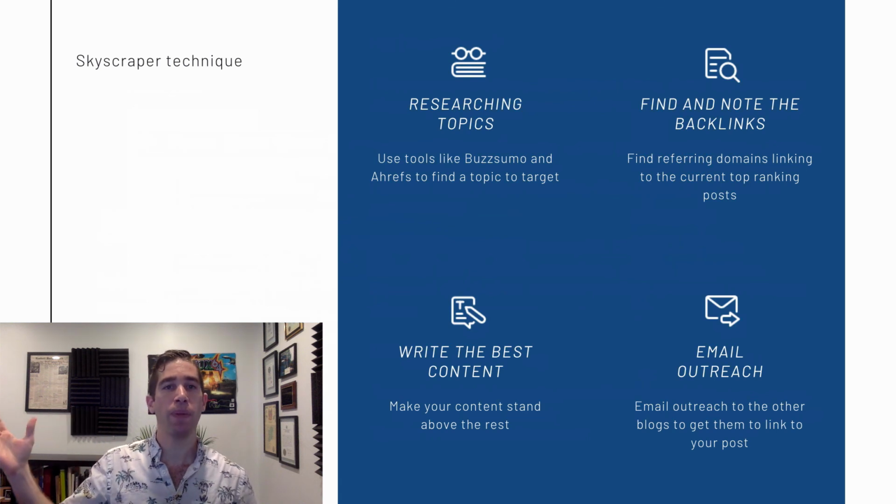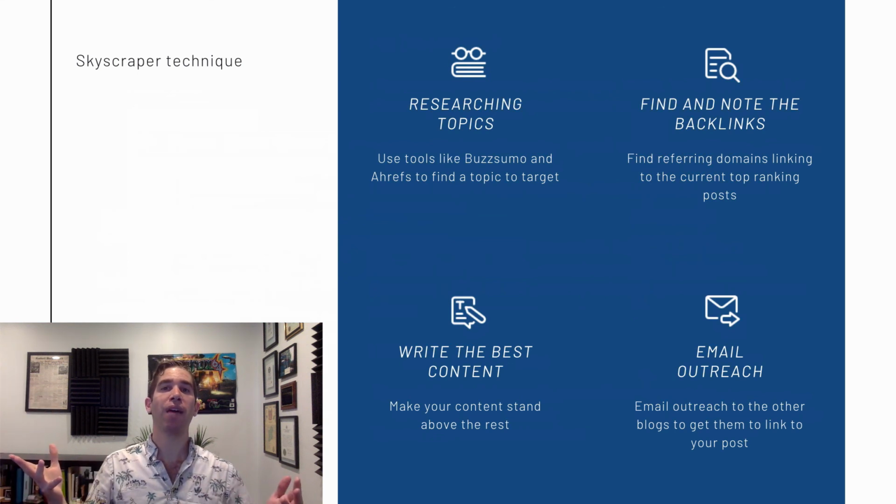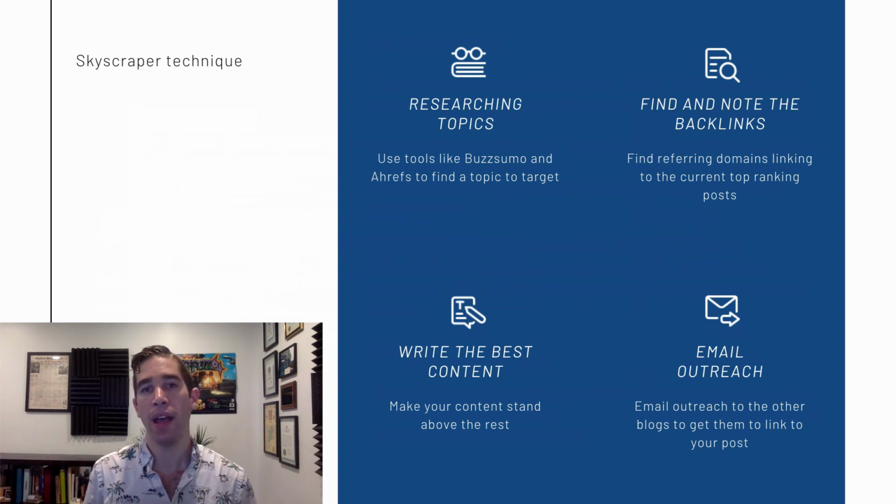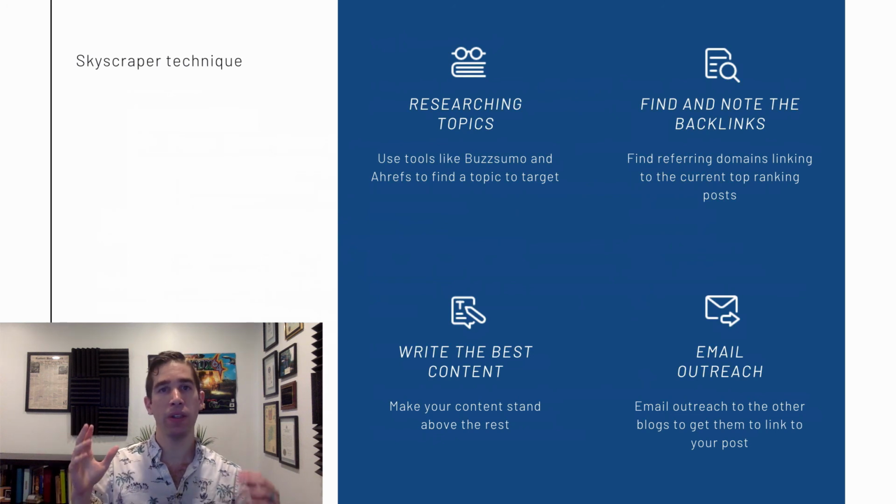Then once we've found those backlinks, using our tool, and written them down in our spreadsheet, we're going to write the best post ever on the subject matter. And after all that's done, after we've written this amazing blog post, we have to do our outreach. We have our email template that we can start with, and we can reach out to them, asking them to link to our post instead of the other post that they've currently linked to.